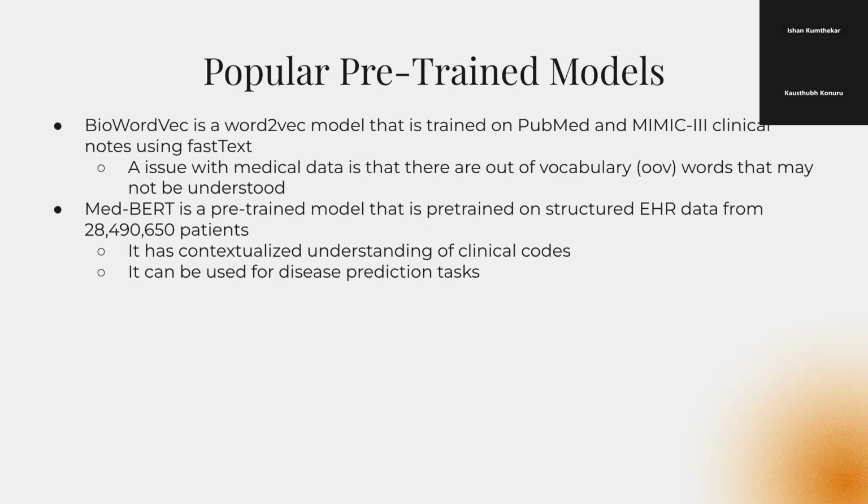When trying to perform these tasks, pre-trained models are a really helpful way, because training your own model on large data sets is very difficult and can sometimes be unfeasible. There are some popular pre-trained models such as BioWordVec, a word2vec model trained on PubMed and MIMIC-III clinical notes using fastText. FastText is a Facebook-released library.